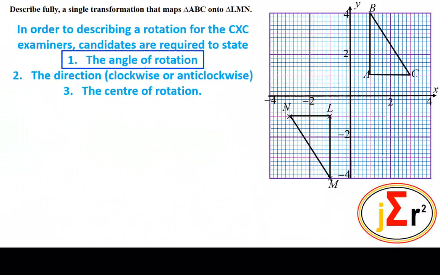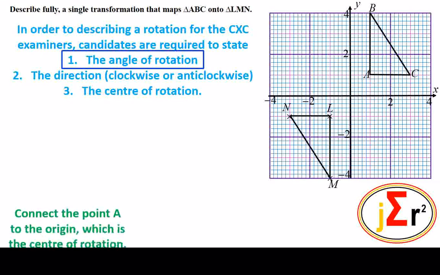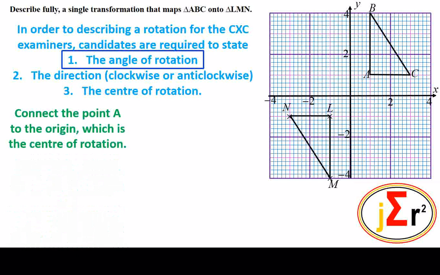The angle of rotation. So how do we find the angle of rotation? Well, it's easy. Connect the point A to the origin, which is the center of rotation. Connect any point to the center of rotation. What will we do next?